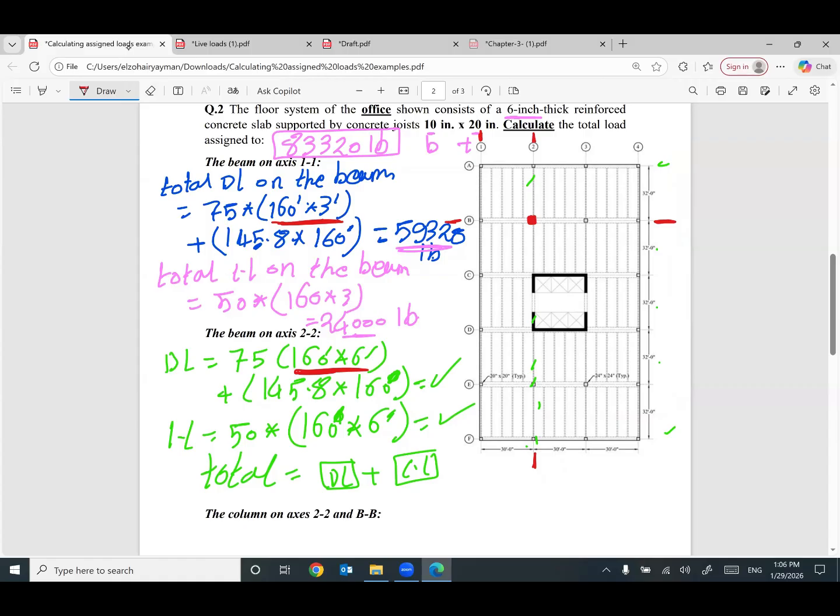So between this column and the above one, we will divide this distance. Between this column and the one below, I will divide this distance. Between this column and the right one, I will divide this distance. Between this column and the left one, I will divide this distance. So this is the area assigned to this column.